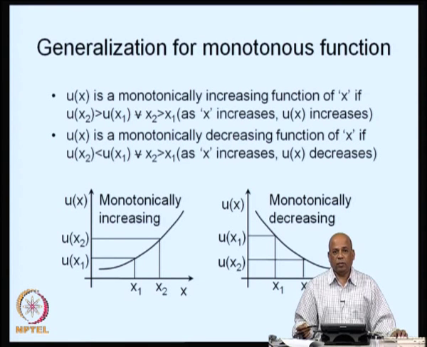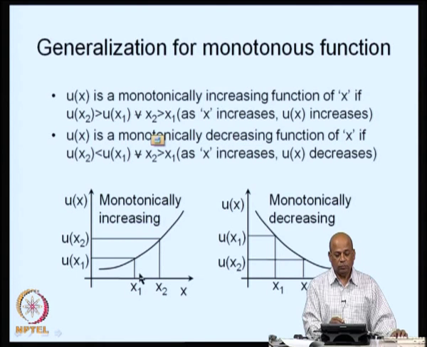We say u of x is a monotonically increasing function of x if as x increases, u of x increases. For example, you take a function like this. Now, x 1 and x 2 are here. So, x 2 is greater than x 1.